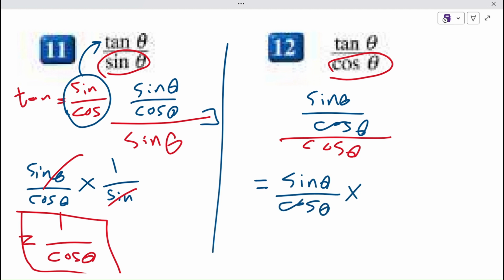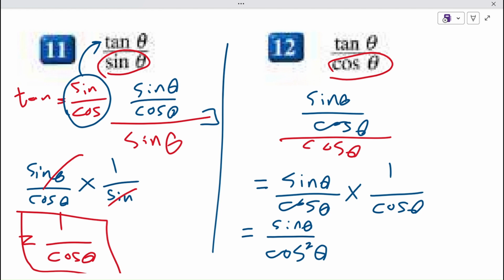We can't cancel it, but this becomes sine theta over cosine square theta. We have 2 cosines, so you can see cosine square theta. And we know this, guys. Cosine square theta is equal to 1 minus sine square theta.